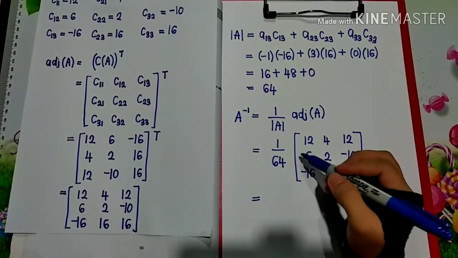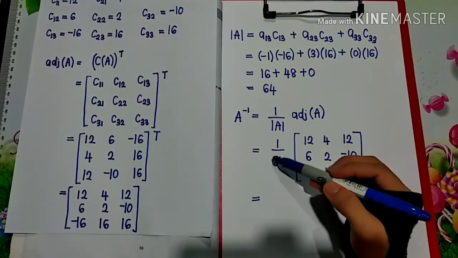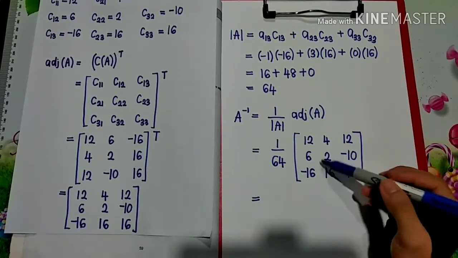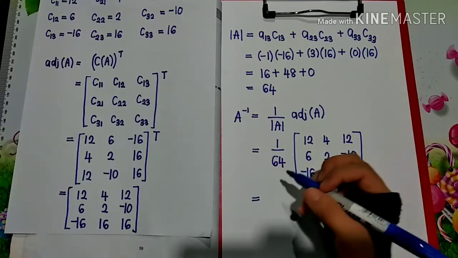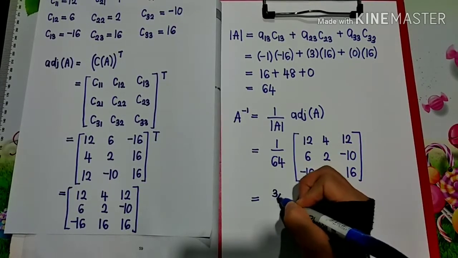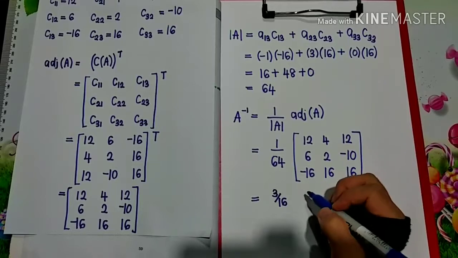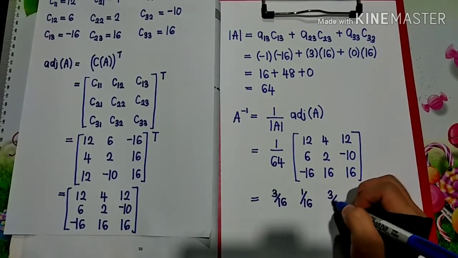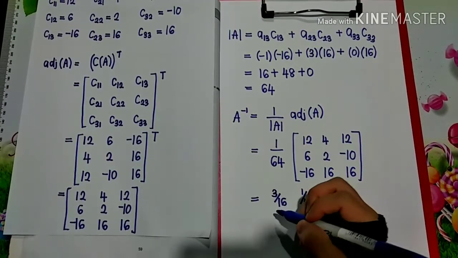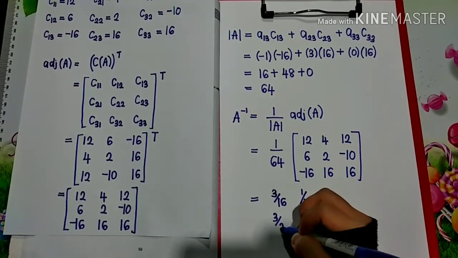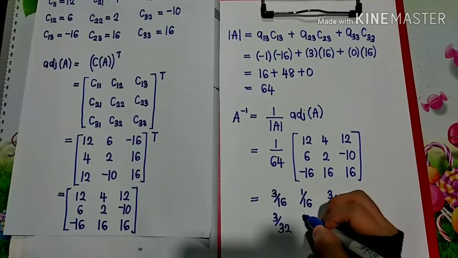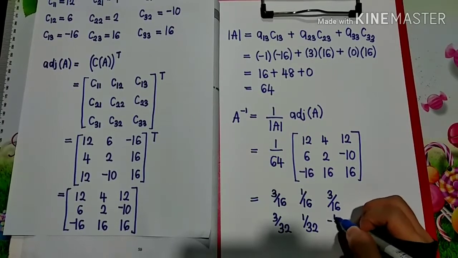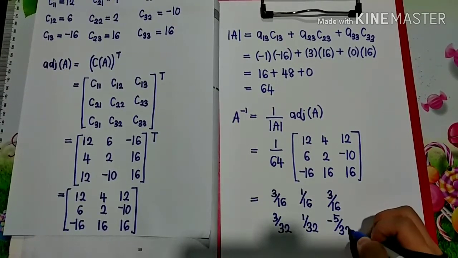And then we just do the multiplication here, scalar multiplication. 1 over 64 will multiply with this matrix. So what you will get here: 3 over 16, 1 over 16, 3 over 16, 3 over 32, 1 over 32, negative 5 over 32.